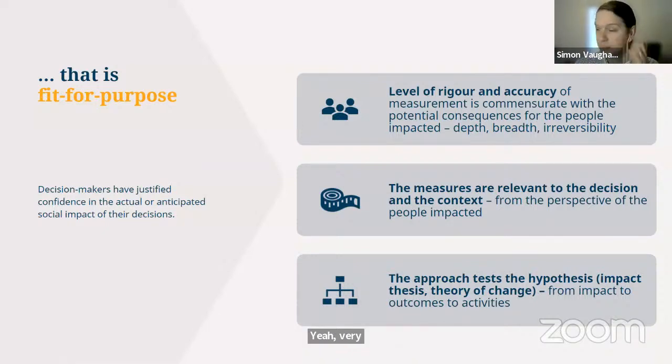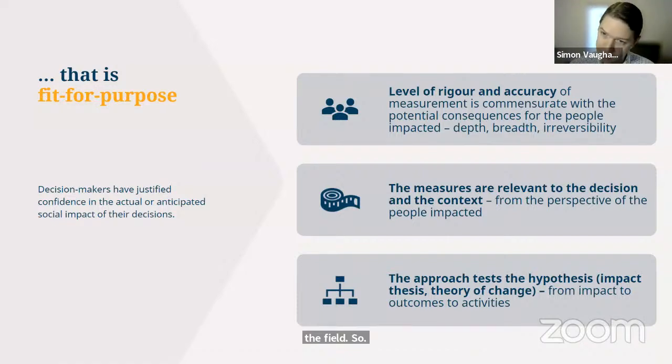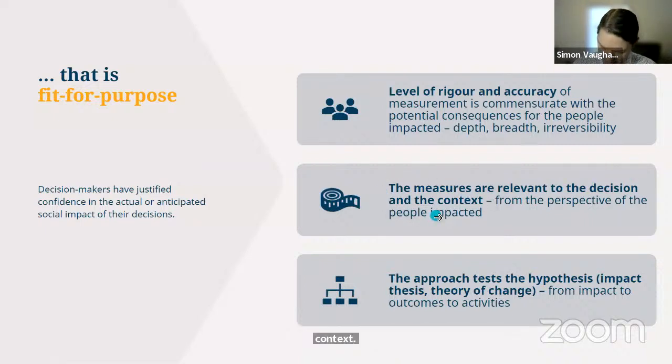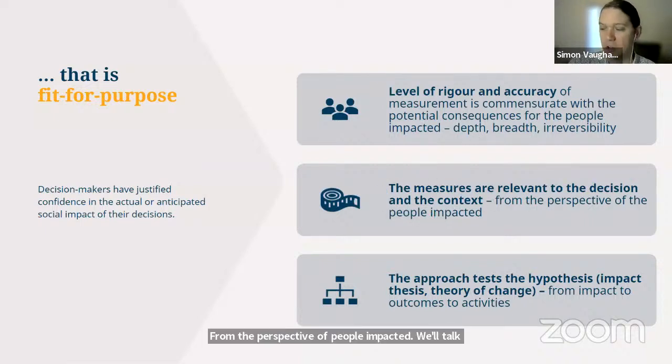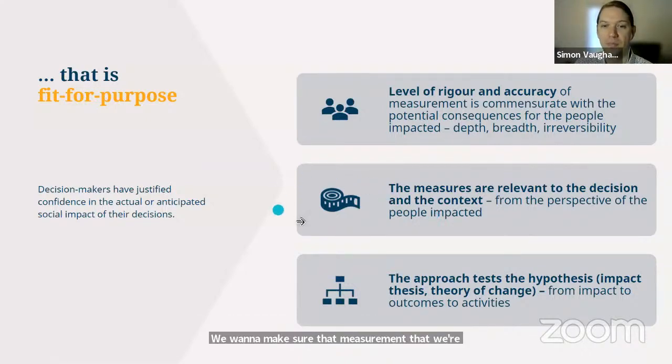So, coming back to measurement being fit for purpose, the measures need to be relevant to the decision and the context from the perspective of people impacted. We'll talk about that more, but we want to make sure that the measurement we're undertaking is relevant and positive for the people impacted by the work being done.